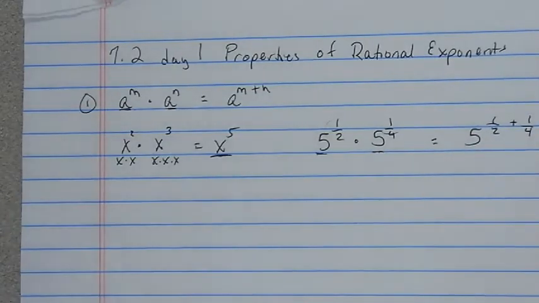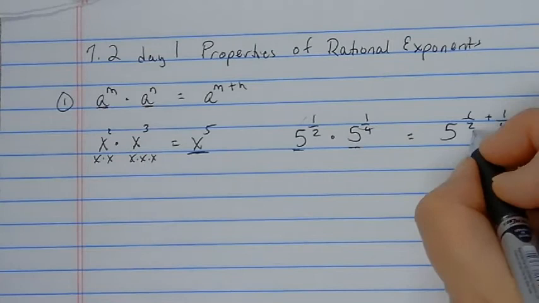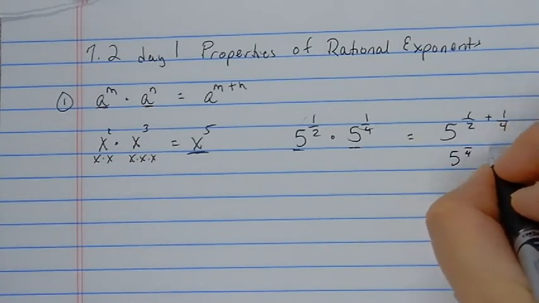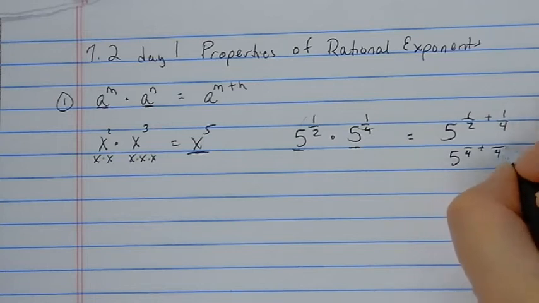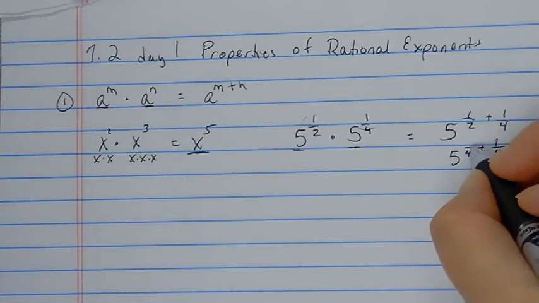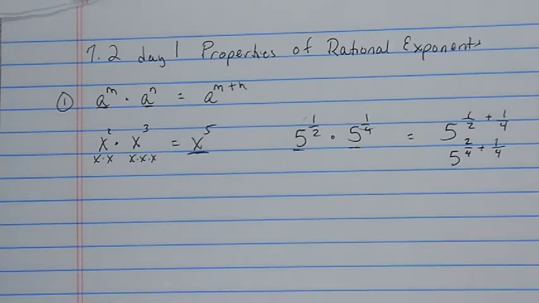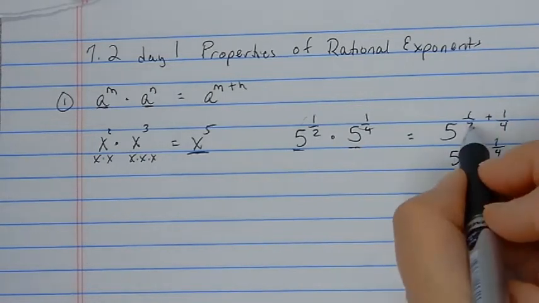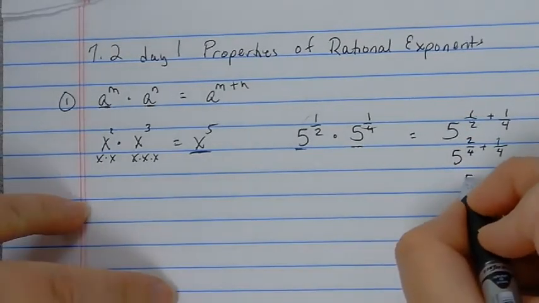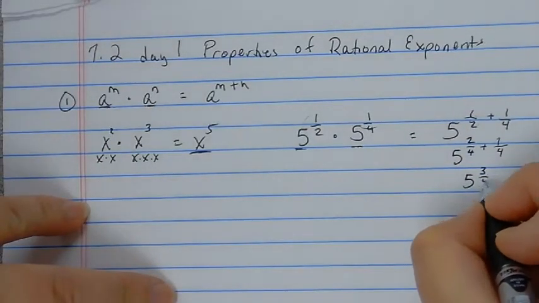When you add fractions, you have to get a common denominator, and the common denominator of 2 and 4 would be 4. So that's already 1 over 4. But I have to change 1/2 to something over 4, so that would be 2/4, because I take 2 times 2 to get 4, I'd have to take 1 times 2. So in this particular case, our answer would be 5 to the 3/4 power.